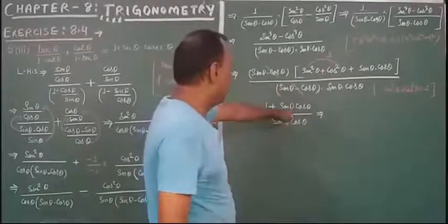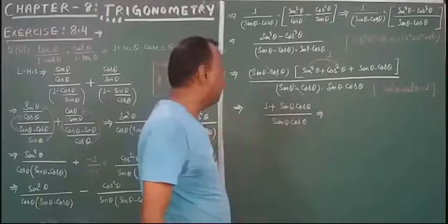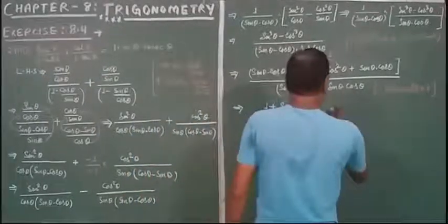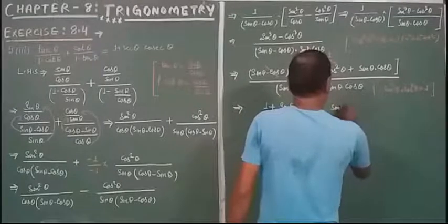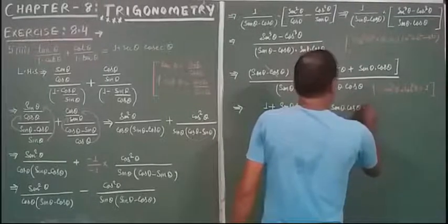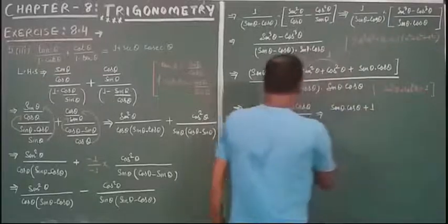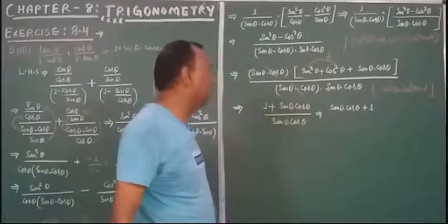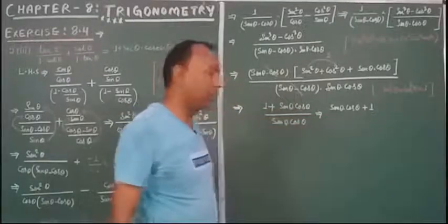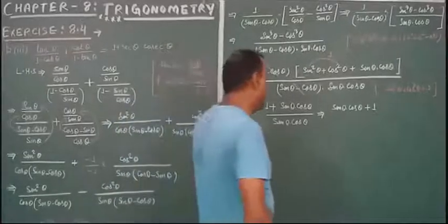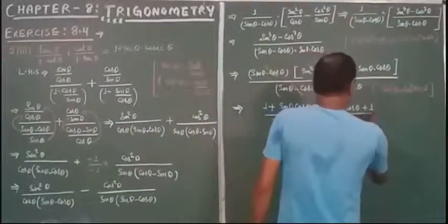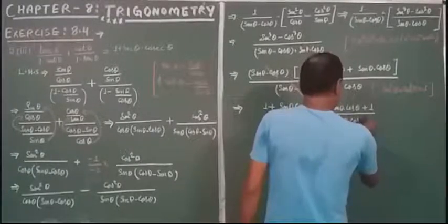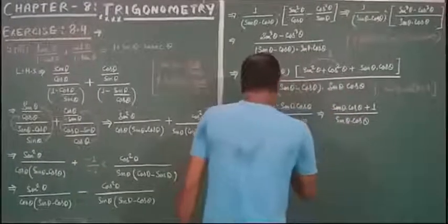Now we can change their positions. 1 plus sin theta into cos theta can be written as sin theta into cos theta plus 1, divided by sin theta into cos theta. Now what will happen?